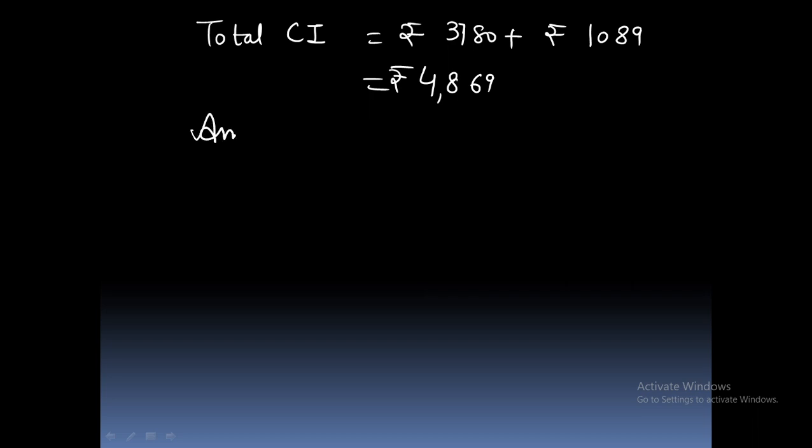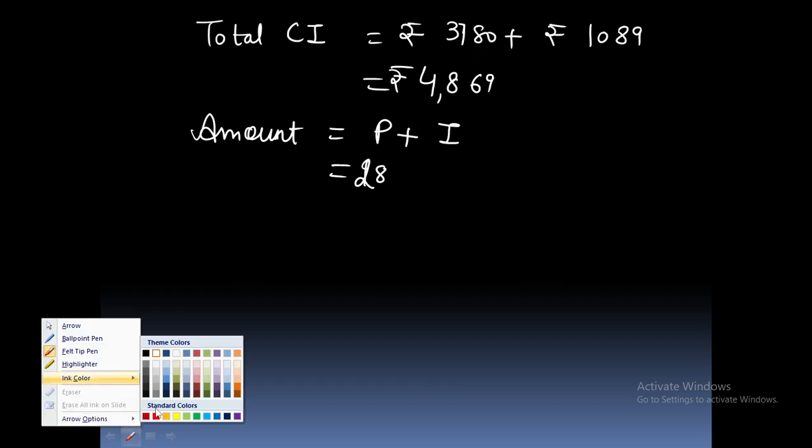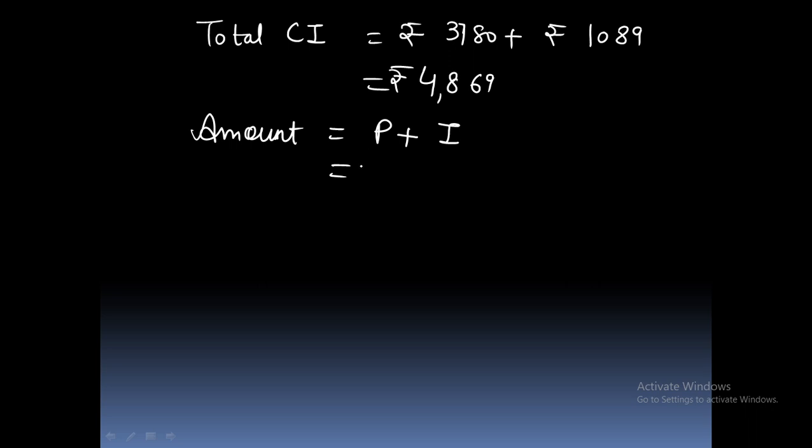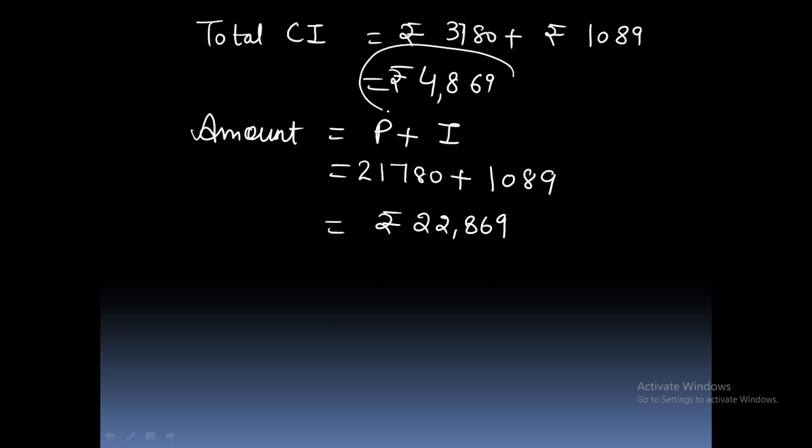The amount will be principal plus interest, that is 21,780 plus interest 1,089, and we will get the amount 22,869. This is your amount, and this is your compound interest.